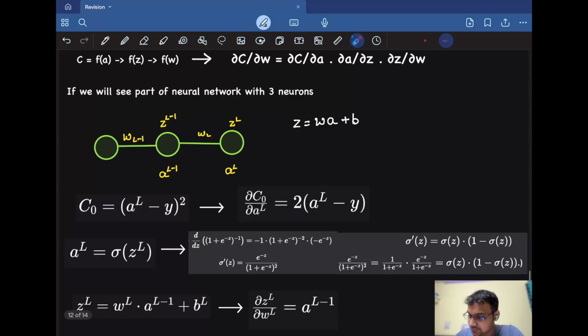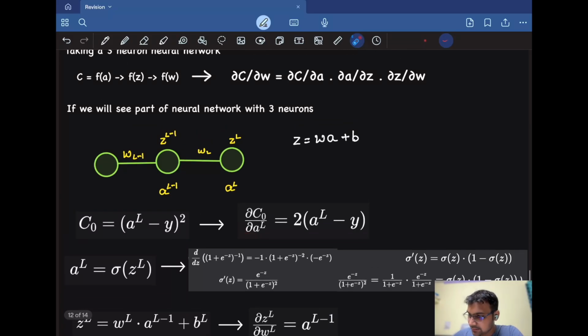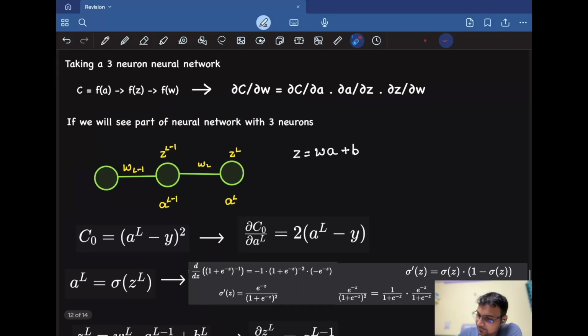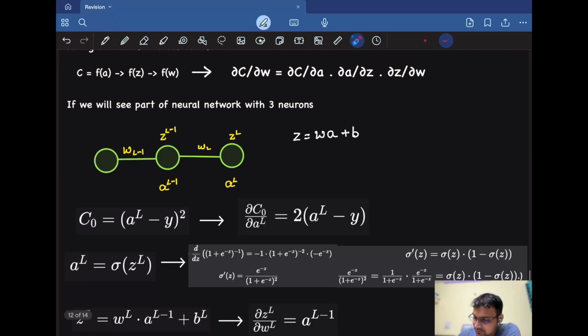This is our cost function. We will partially differentiate it with respect to activation, which came out to be this value. Simple derivation. Then we find the partial derivative of the activation value with respect to z. When we do that, this simply comes out to be the derivative of the sigmoid function of zl.